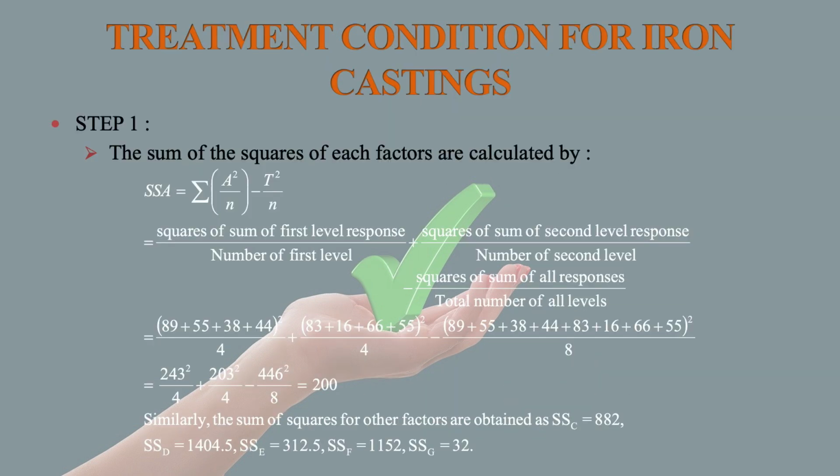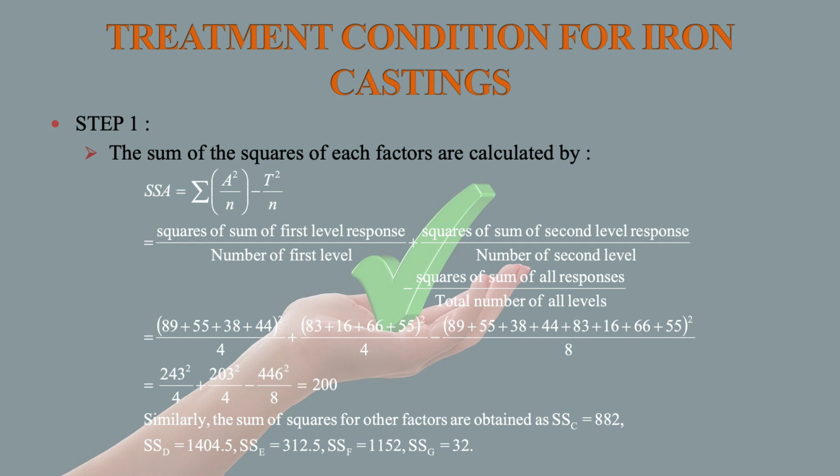In step 1, the sum of squares of each factor is calculated. The sum of squares for A, SSA, is equal to sigma A squared by n minus T squared by n. That is, the squares of the sum of first level responses divided by the number of first level responses, plus the squares of the sum of second level responses divided by the number of second level responses, minus the square of the sum of all responses divided by the total number of responses.